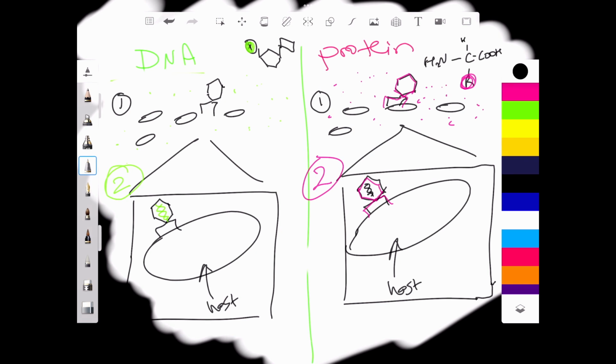On the left, we have the DNA being radioactive. It's going to be injected into the host cell. On the right, we have the protein being radioactive. It's going to stay on the outside of the cell, and it just attaches. That's what actually attaches to the cell. But the DNA on the right is not radioactive, and the protein on the left is not radioactive.